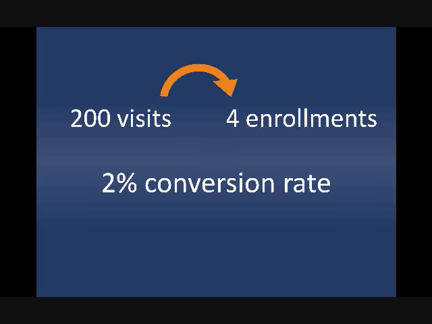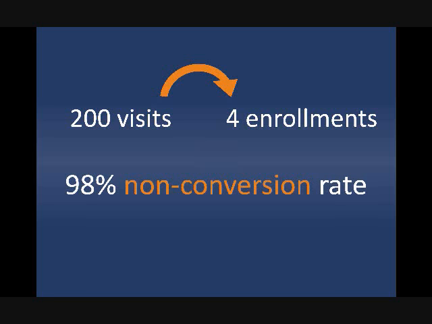But I'm going to argue that, in fact, the 2% conversion rate is the wrong metric to be thinking about in this situation because it's a bit misleading. It's not the 2% that we're concerned about doing something with. Those are the people that are doing what we want. It's actually the 98% non-conversion rate that we're trying to affect.